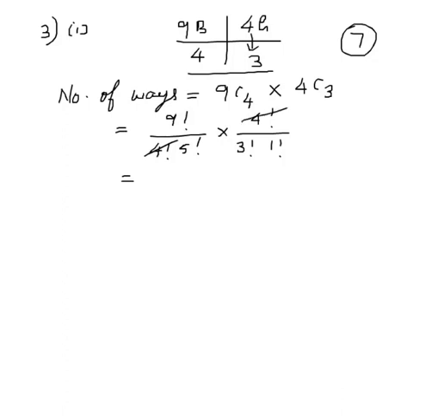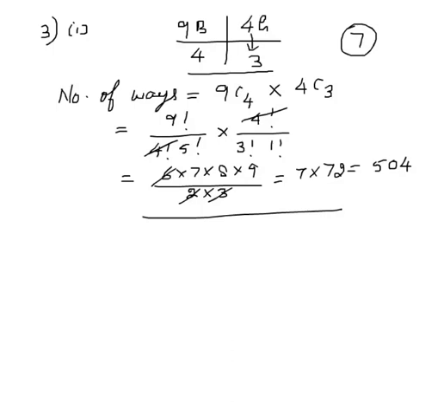Cancel 5 factorial from 9 factorial. 6, 7, 8 and 9. 3 factorial is 2 times 3. 7 times 72, which is 504. Second subdivision, at least 3 girls.